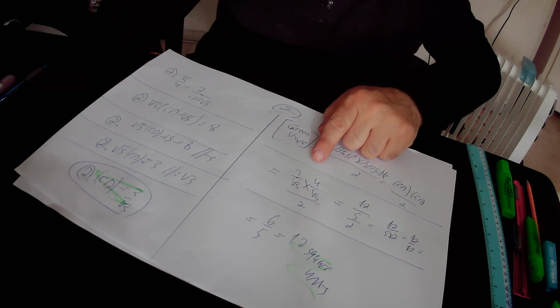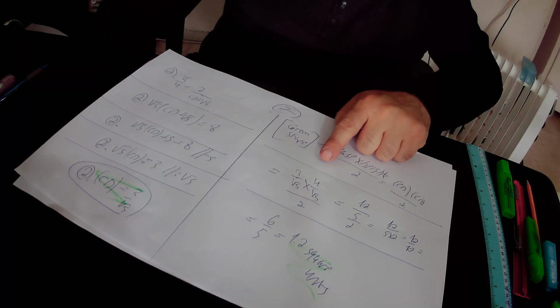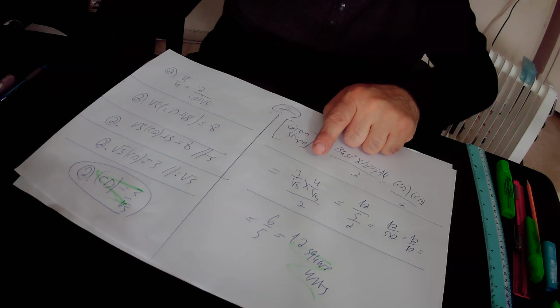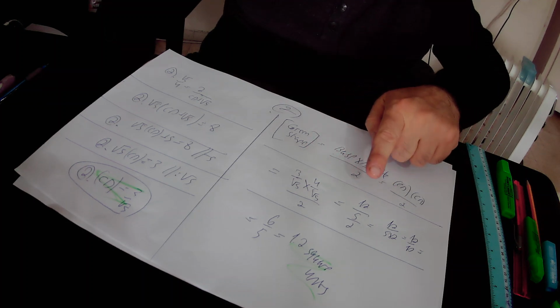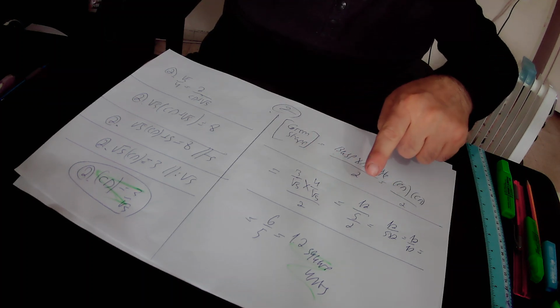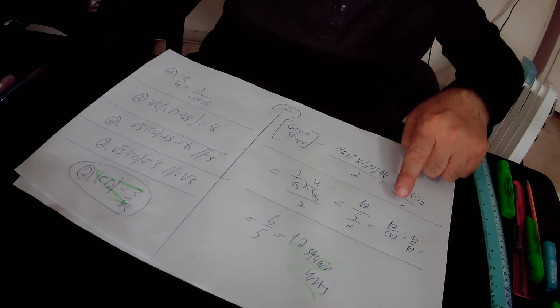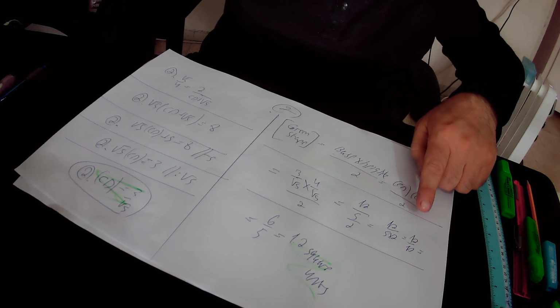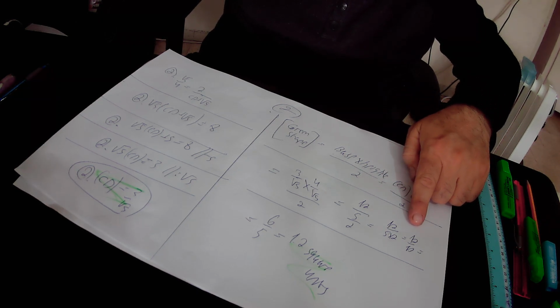The value of this expression is 4 times 3, which is 12, and square root of 5 times square root of 5 is 5, divided by 2. So 12 over 5 over 2 is 12 over 5 times 2, which is 12 over 10 square units.